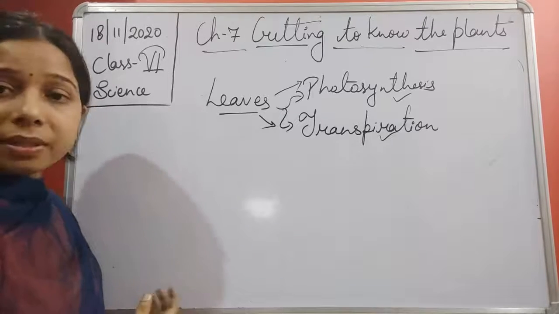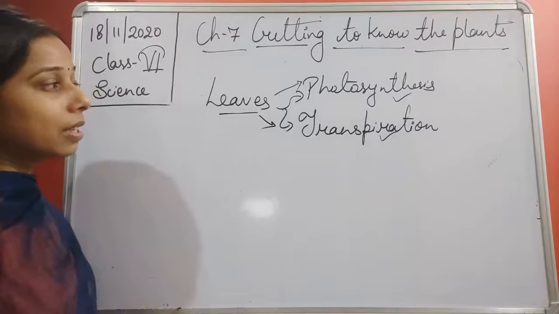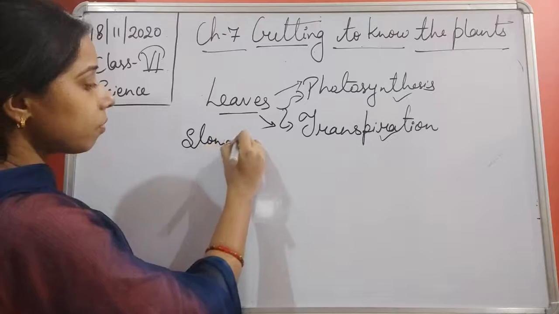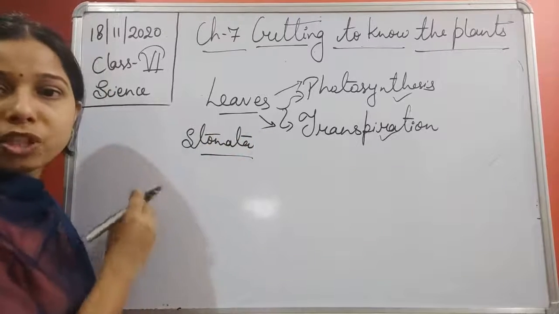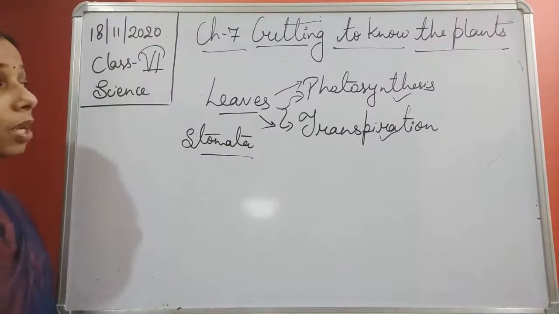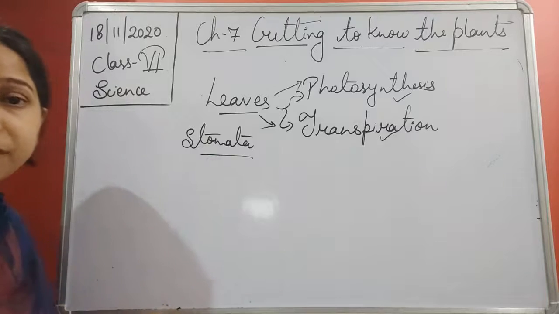That also happens with the help of the leaves, because the leaves have pores called stomata. The stomata are minute pores present on the surface of the leaves. So this is the basic function of the leaves.